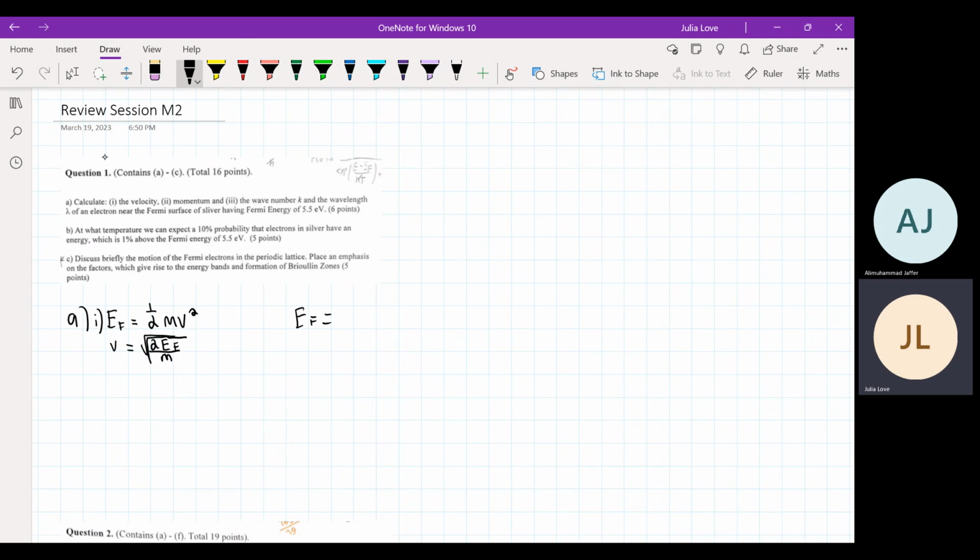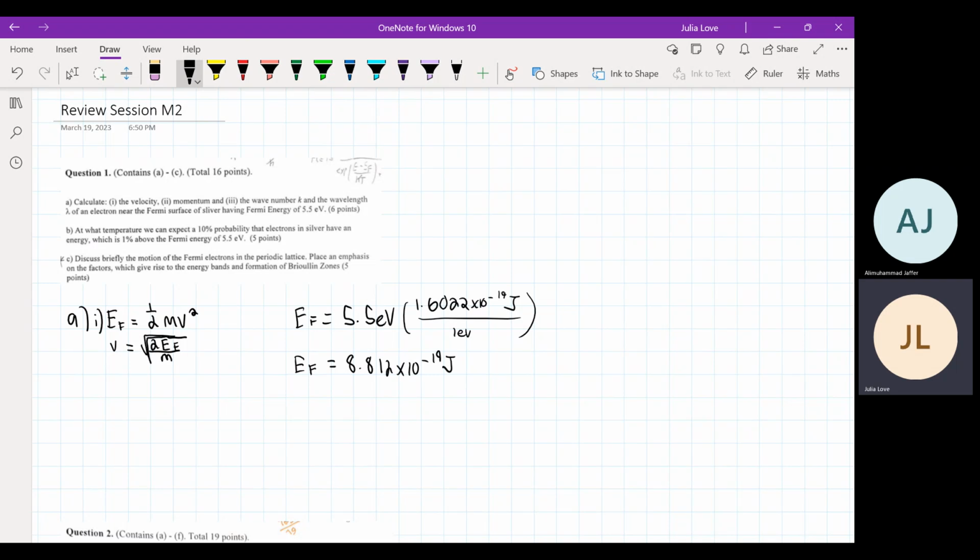This EF we're given in the question to be 5.5 electron volts, which we're going to convert into joules to use in the equation. This gives us an energy of 8.8 times 10 to the minus 19 joules.